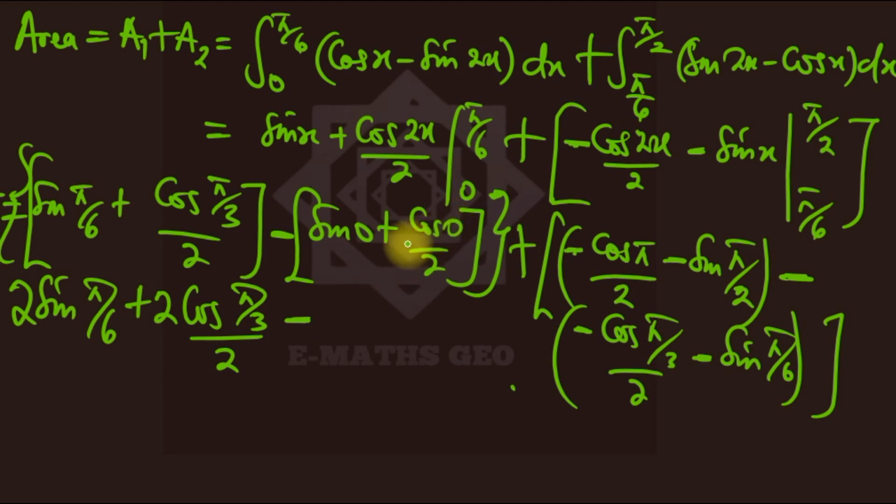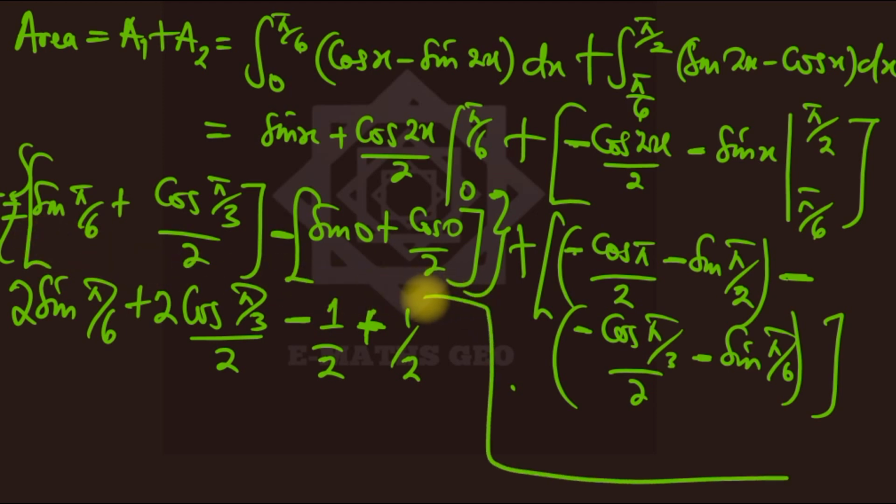Cos 0 is 1, so minus 1 over 2. While here we have minus cos pi is minus 1, so plus 1 over 2. So we have minus sine 90 is 1.